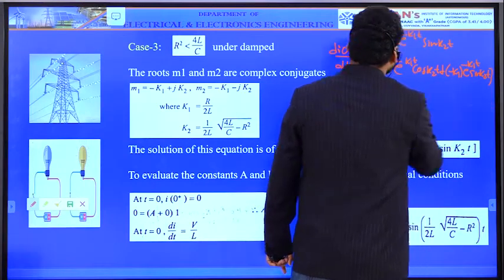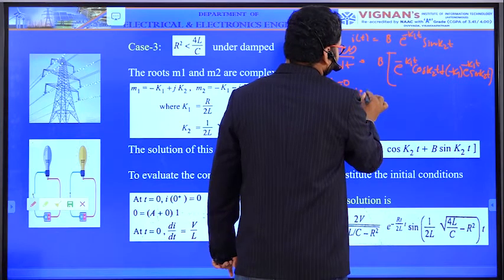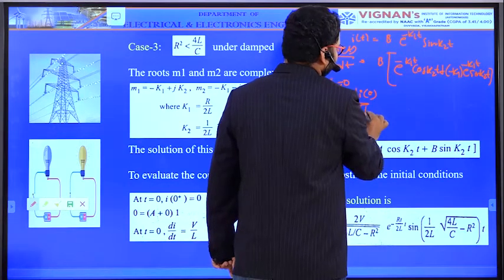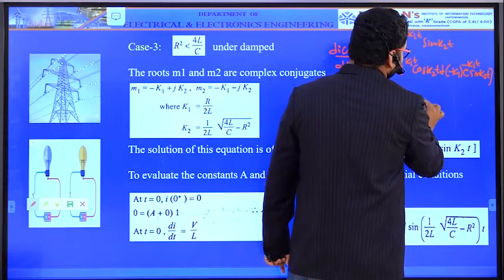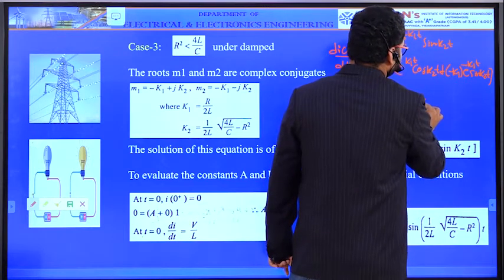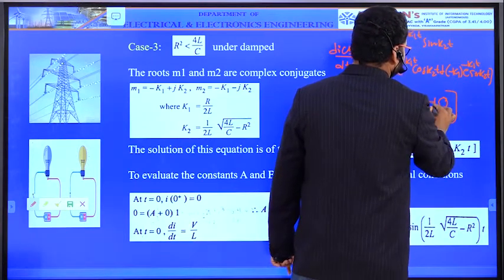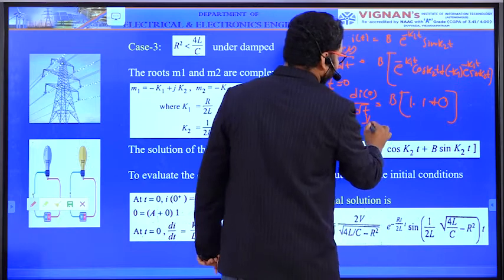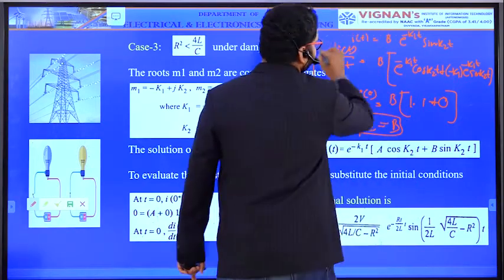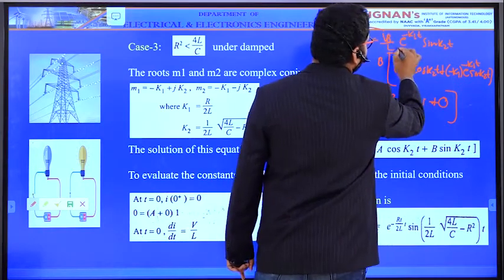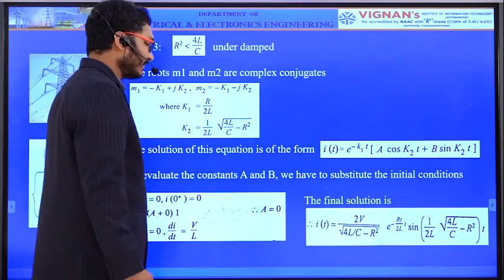At t equals 0, di of 0 by dt equals b into cos 0, which is 1, plus sin 0, which is 0. This equals V by L. Substitute the b value here: I of t equals V by L e to the power of minus k1t sin k2t. That is the final solution.